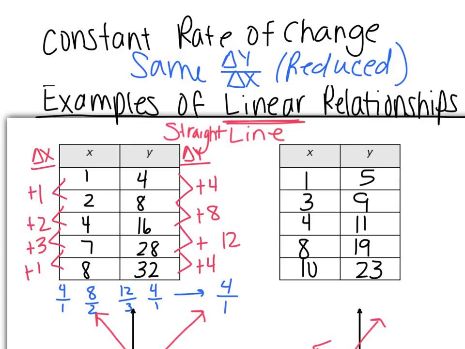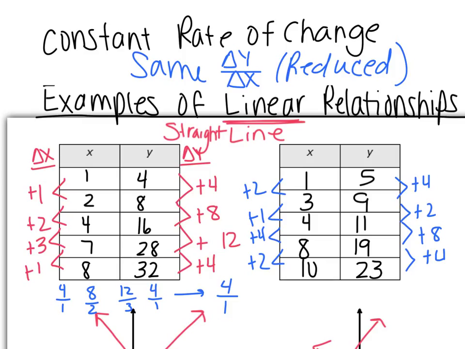So we're going to do the same thing over here with this table just to show you one more example. This delta y is plus 4. This delta x is plus 2. This delta y is plus 2. This delta x is plus 1. This one is plus 8, and this is plus 4. This one is plus 4 and plus 2.